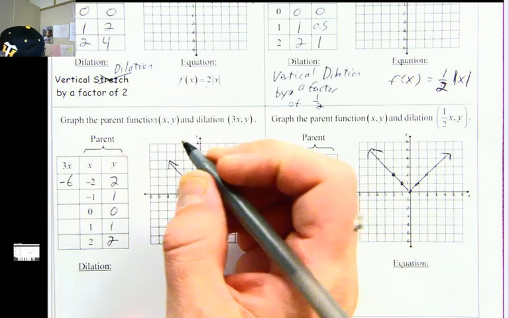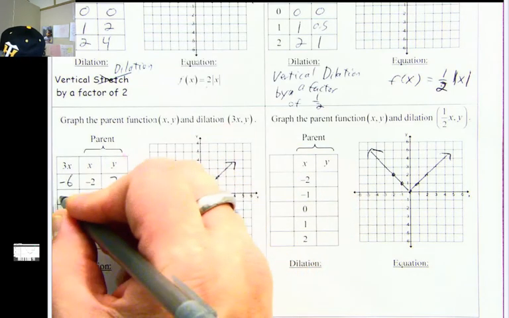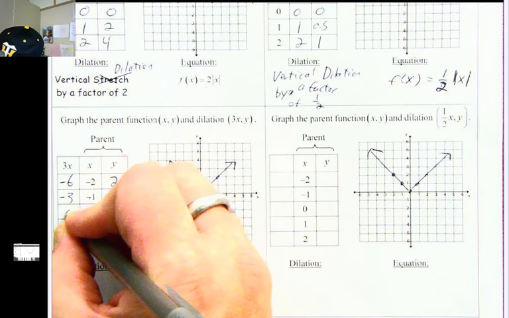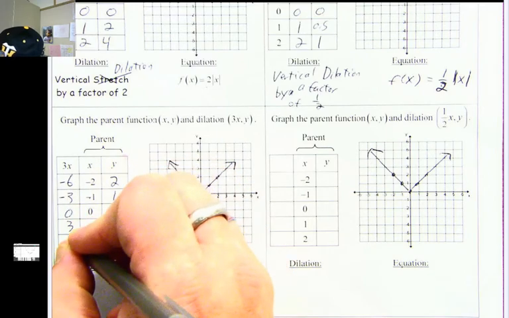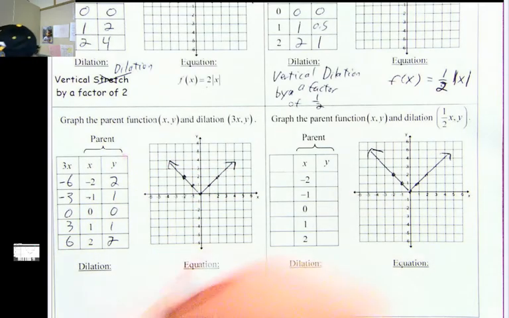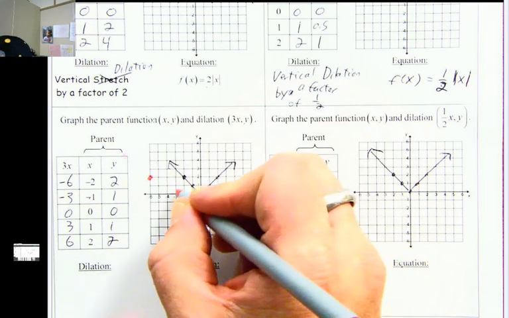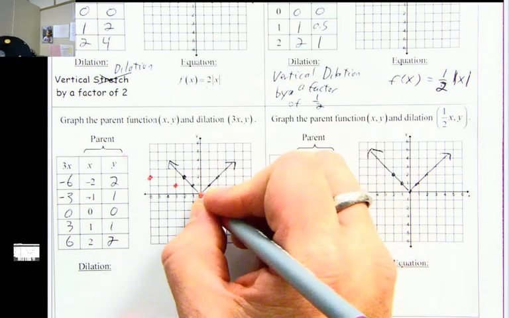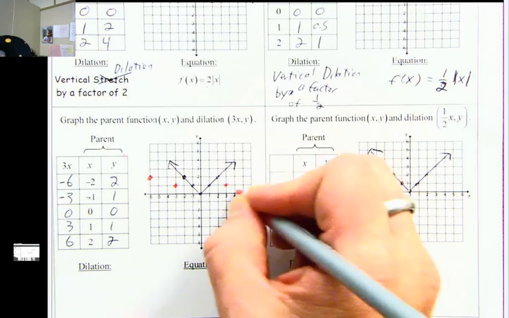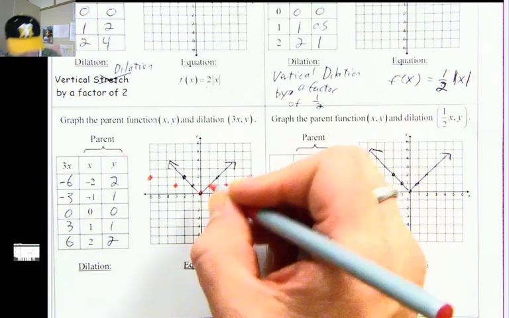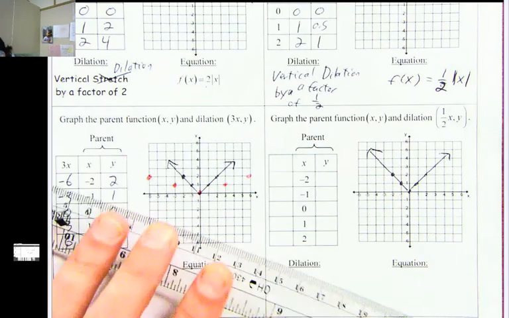That would make this -6. -1 times 3 is -3, 0, 3, and 6. And if I graph those points, -6, 2, -3, 1, 0, 0, 3, 1, 6, 2, connect the dots.